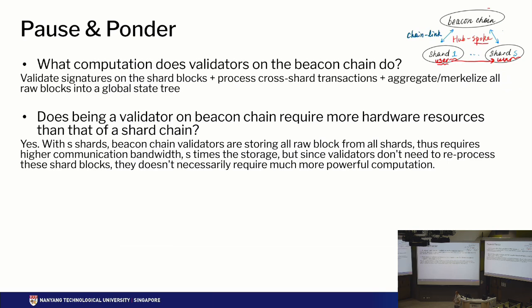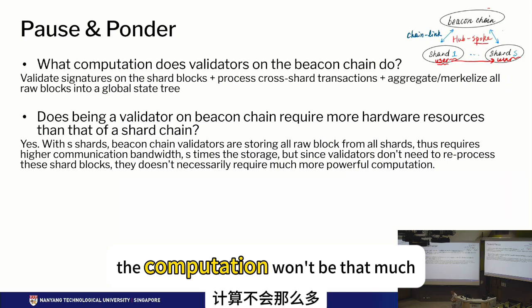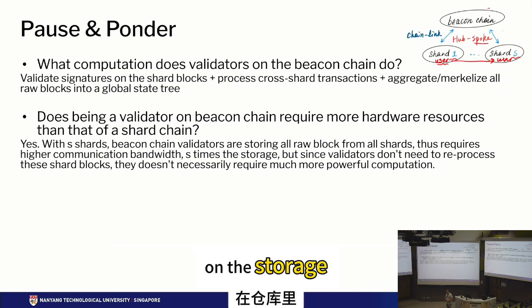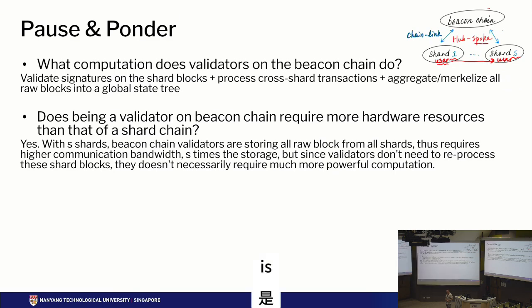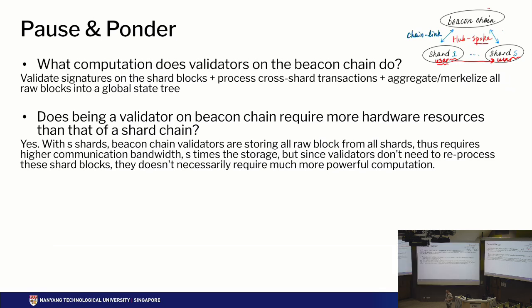But on the other hand, the computation won't be that much, because it's only double the storage. The calculation based on the Merkle tree is not that much from the computation perspective.